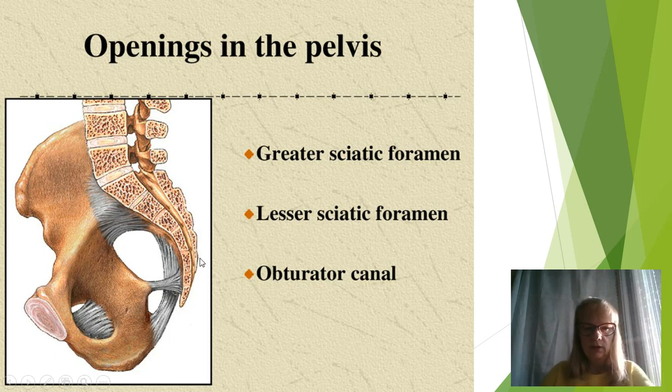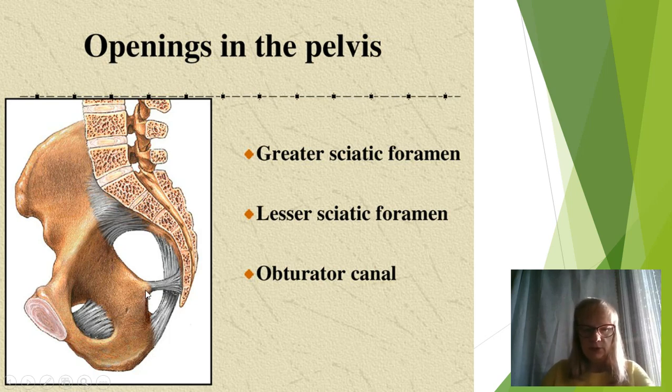First of all, I want to remind you of some structures between the sacrum and hip bones, exactly the ligaments. After connection of our bones by ligaments, we have some openings.